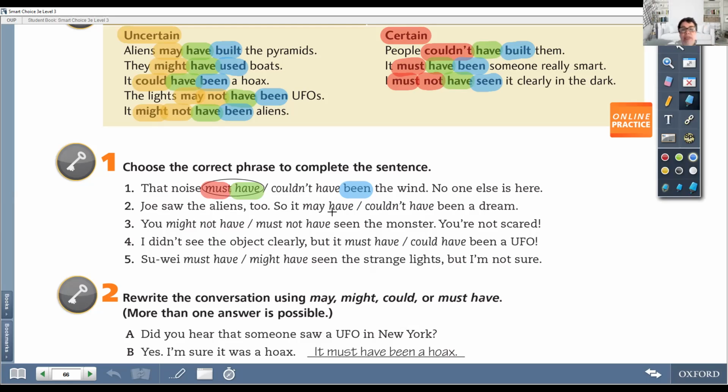So it couldn't have been just a dream, right? So let's highlight that. Okay, couldn't, then auxiliary have, and then the past participle been. Okay, people. All right. So let's do number 3.